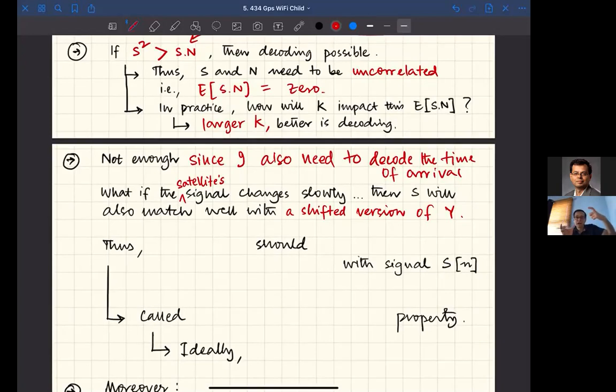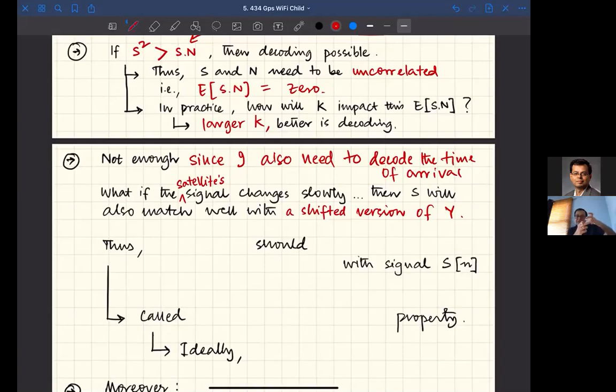Right? So now with this Y, if you match S, if you shift the signal a little bit, the matching will be really bad, because sample number 1 was positive, sample number 2 was negative. So when you match it exactly, S and Y would be coherently adding up, right? Positive multiplied by positive, negative multiplied by negative, everything will be positive.